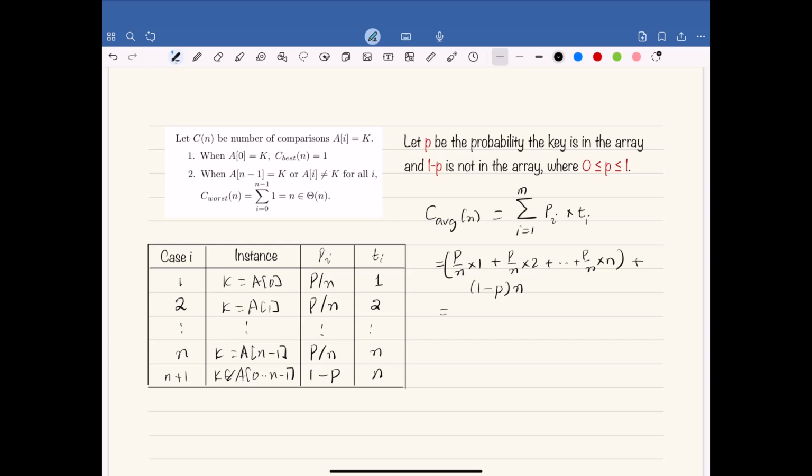We will take p over n common, and here we will have 1 plus 2 plus up to n, plus 1 minus p multiplied by n. This is equal to p over n times the summation i goes from 1 up to n of i, plus 1 minus p multiplied by n.